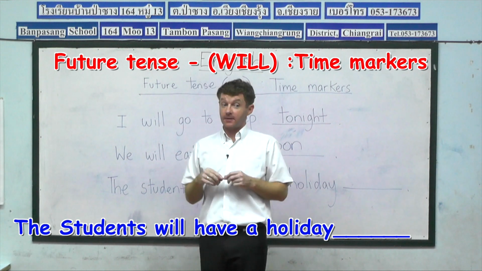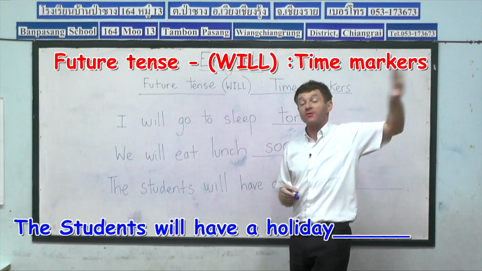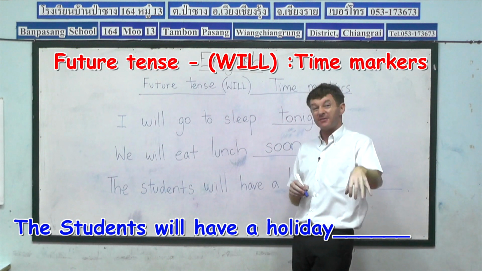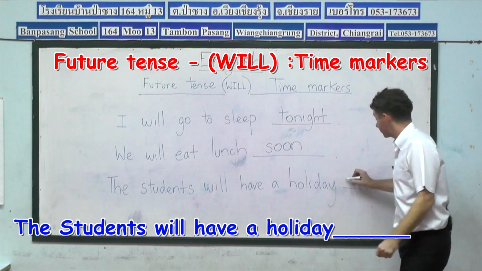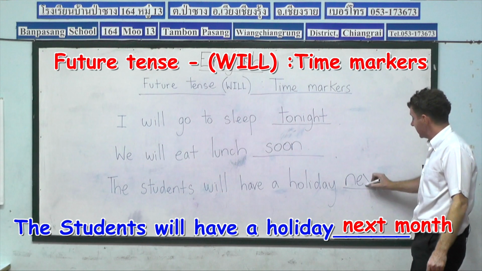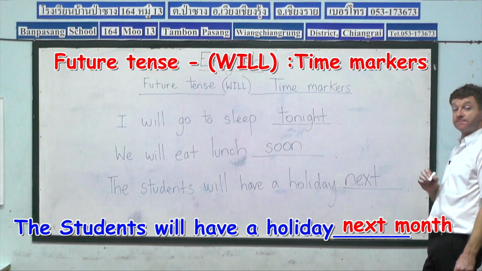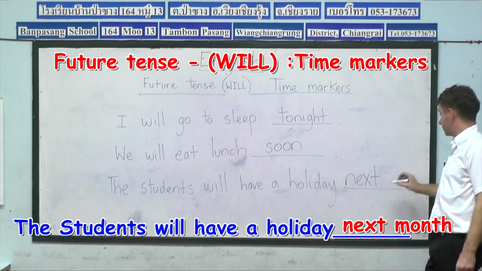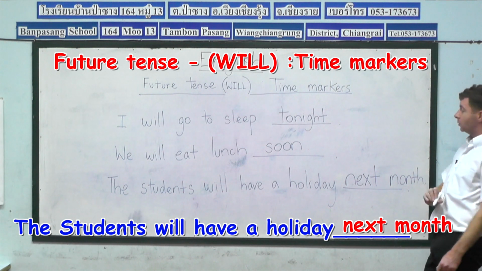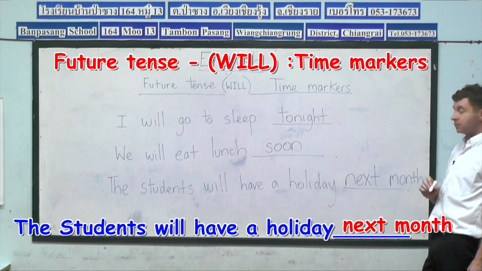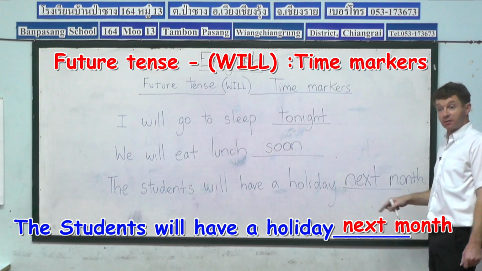When will you have a holiday? Next month. You see, when we want to talk about time markers that are coming soon, but are not this month, we can always use the future time marker next. And when will you have your holiday? Next month. So you can add the word month. Okay. The students will have a holiday next month.